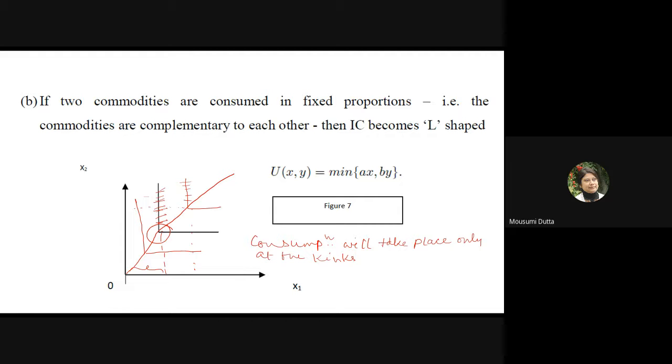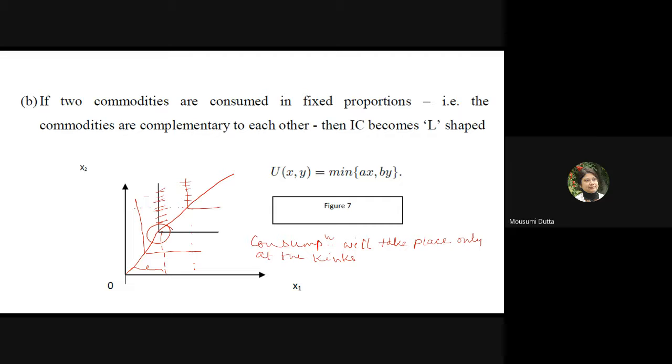Consumption will be done together, executed together. I want a fixed amount of both commodities. I can consume only a fixed proportion of both commodities. Extra commodities will become redundant to me. So this kind of equation can be presented by U of x,y is equal to the minimum of ax, by.